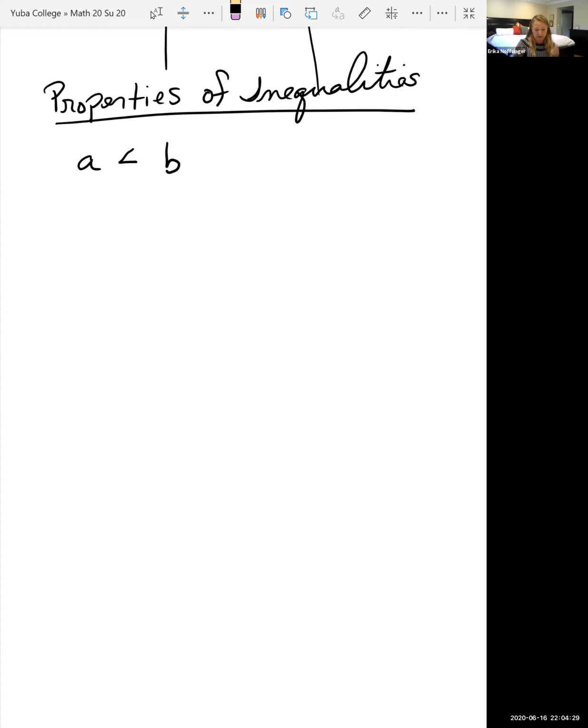If we do the same thing to both sides, if we add a number or subtract a number to a, it doesn't change the inequality. So a plus or minus some number c doesn't change the inequality as long as we're doing it on the other side, b plus or minus c.